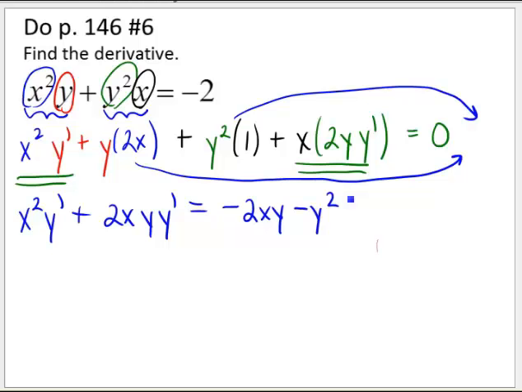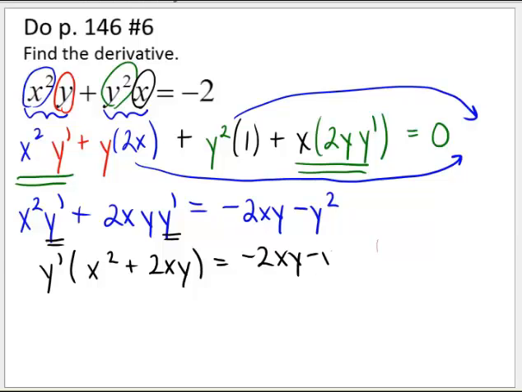Third step, factor out the y primes. So I have a y prime here and a y prime here. Let's factor that out. So I have y prime times x squared plus 2xy equals negative 2xy minus y squared. Last thing we're supposed to do is solve for y prime.